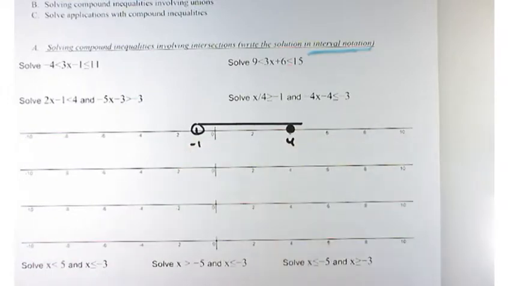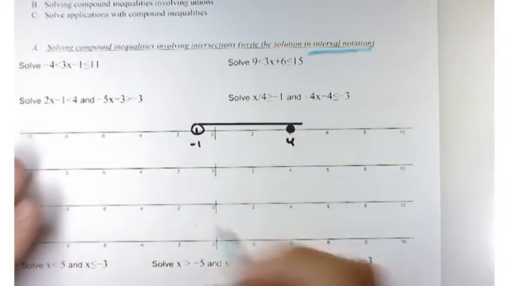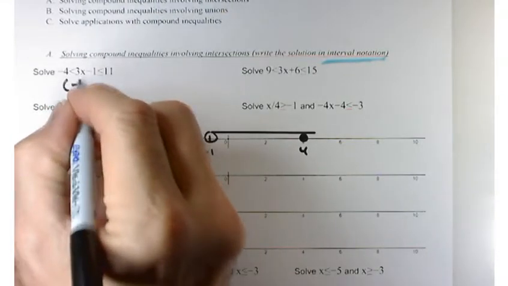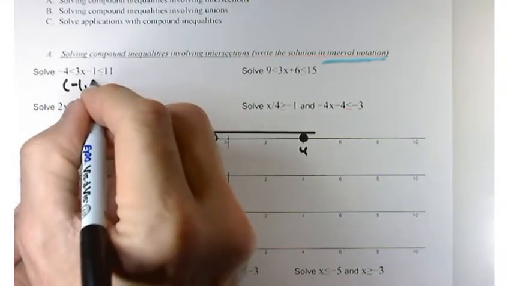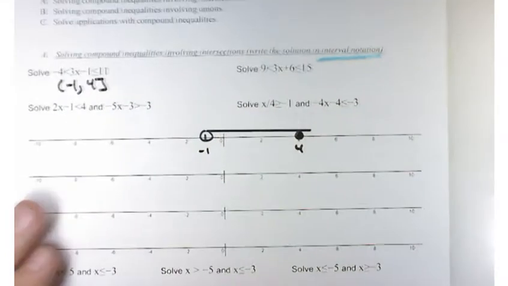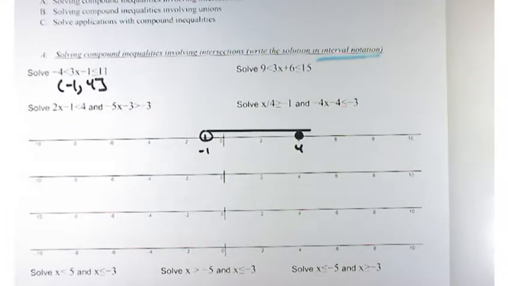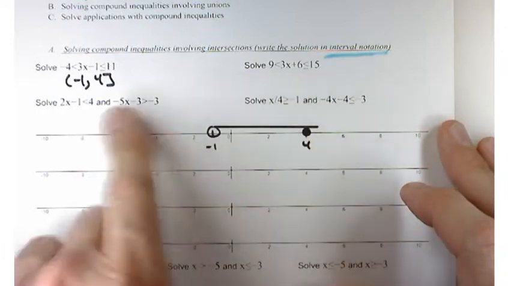From what to what? Parentheses, brackets. Andy? Perfect. So negative 1 with parentheses and 4 with a bracket. Perfect. Thank you, sir. That's the answer that Newton's expecting you to input. We're okay with the first one.